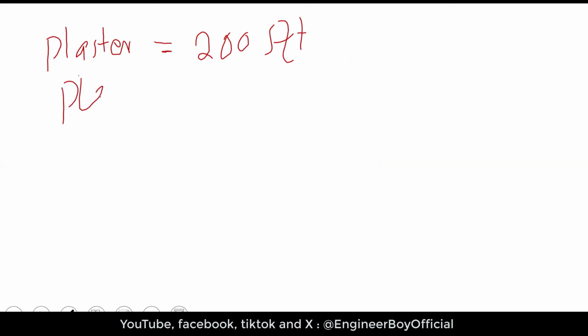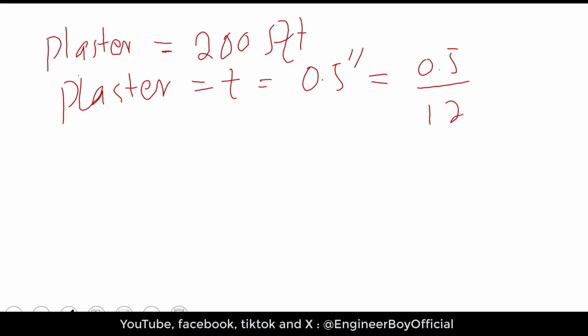Now we have plaster thickness. Let's say the plaster thickness is maybe half inch or maybe 1 inch. If we have half inch, you have to convert this into feet by dividing that by 12, like 0.5 divided by 12. This is actually something like 0.041 feet maybe.